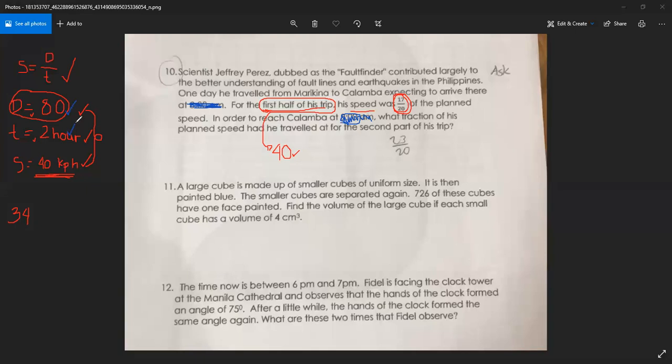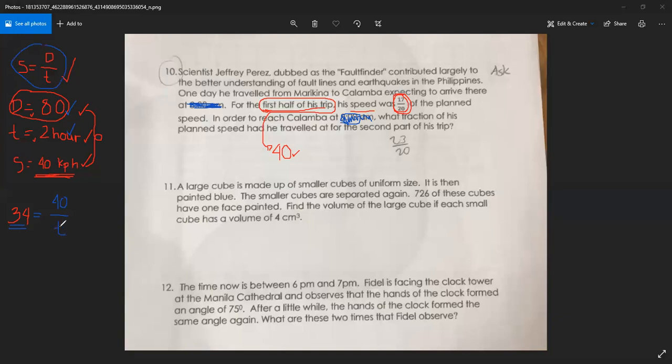Okay. Now, let us identify the time that he spent in his first trip, using this formula. Isn't it that speed is 34? So 34 is equal to half of 80, which is 40, over time.